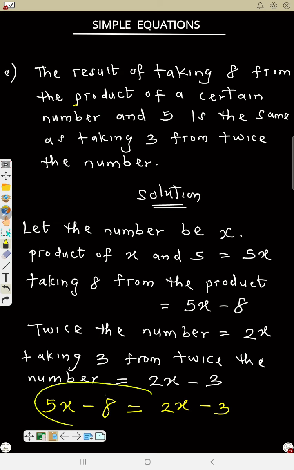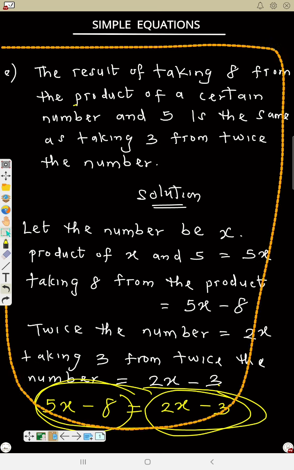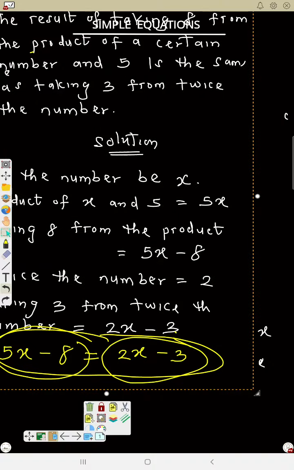So this is the interpretation. The result of taking 8 from the product of a certain number and 5 is equal to, which is the same as taking 3 from twice the number, like this. So this is a complex interpretation. Based on all our interpretation and representation, you have work to do now.